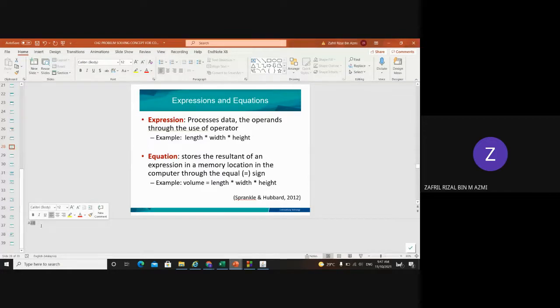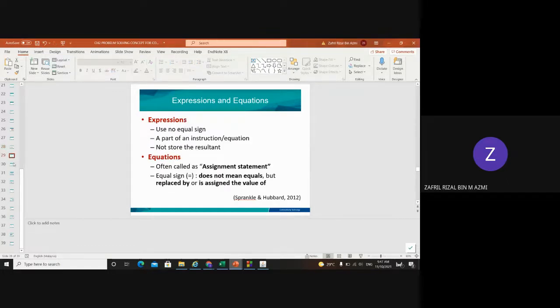Okay, so which one is better, class? Expression or equation? Equation. Equation is better because we can recall this value again anywhere in our program. But if you don't store it, you get the value, do something with it, and then the value is gone. You cannot call the value again anywhere in your program.